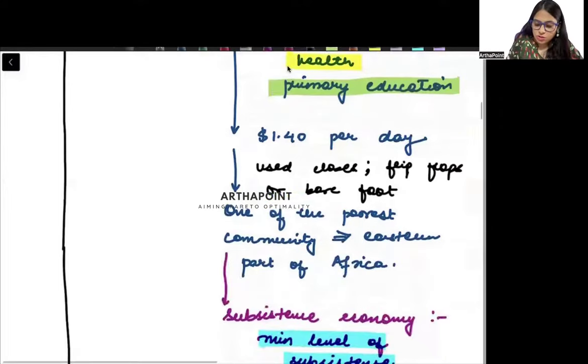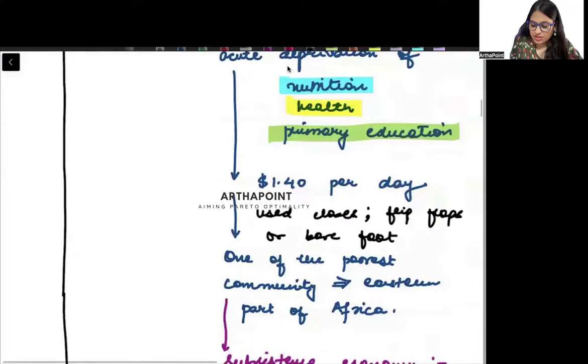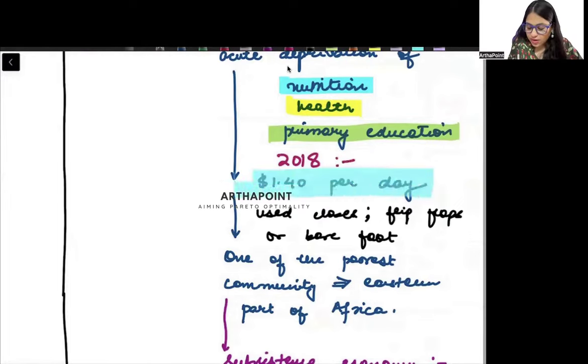अगर हम डॉलर्स में 2018 ईयर के हिसाब से बात करें, तो their income is less than $1.40 per day. $1 से $1.5 से कम पैसा पर दिन का उनको मिलता है. They're earning less than $1.40 per day.